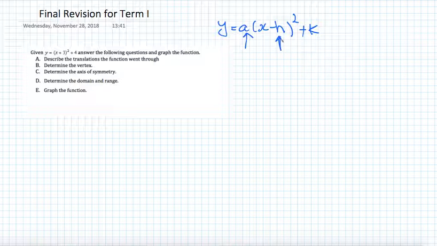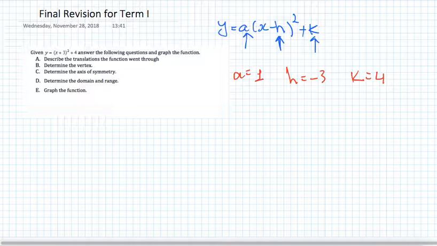H tells you the horizontal translation. K is the vertical translation. So in my question, for A there's no number, so it's a 1. H is positive 3 in that function, so that means it should be negative 3, because it was negative multiplied by negative, that's why it's written positive. So in any case, you can just switch the signs. So negative 3, and K is positive 4.